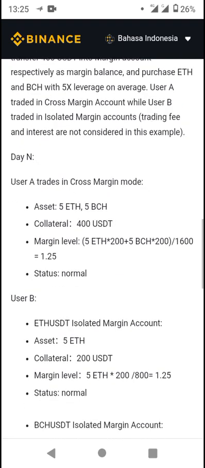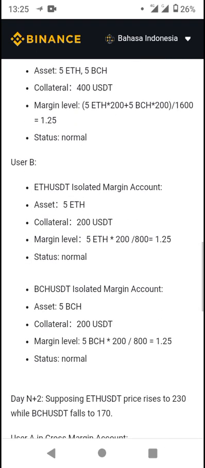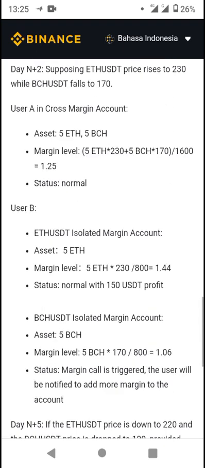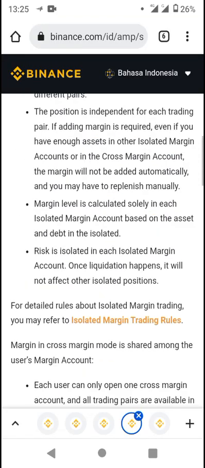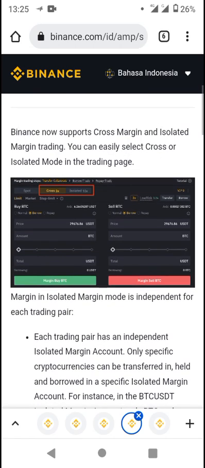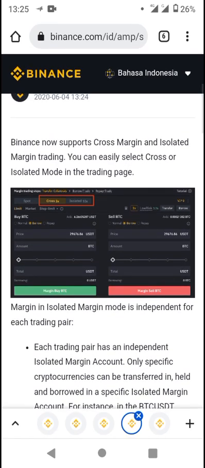The key takeaway from this article is that cross margin trading allows you to spread across different assets when trading. When trading on margin, you can open several positions when using the cross margin mode.